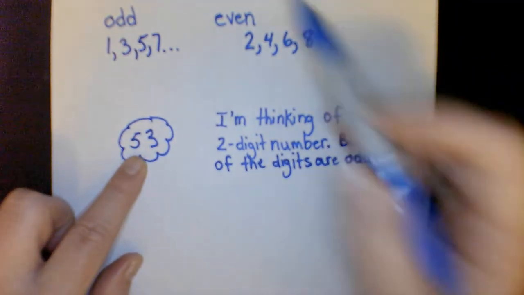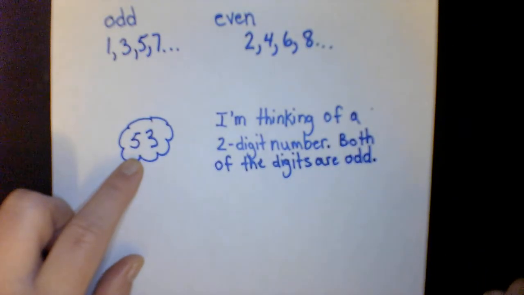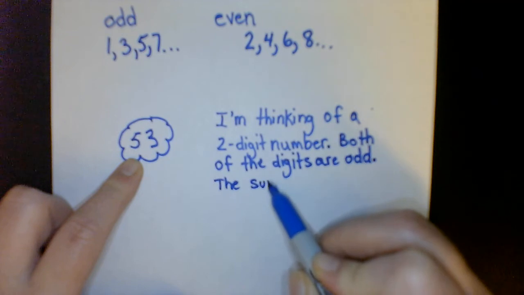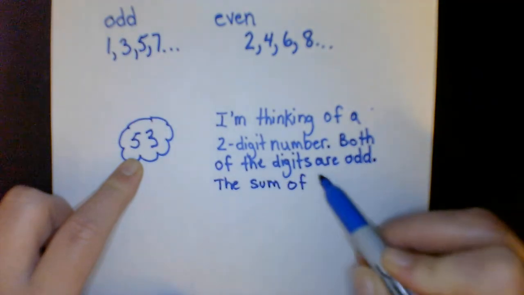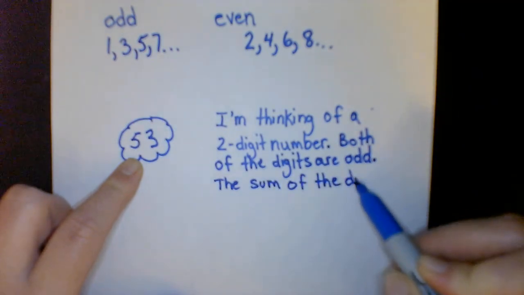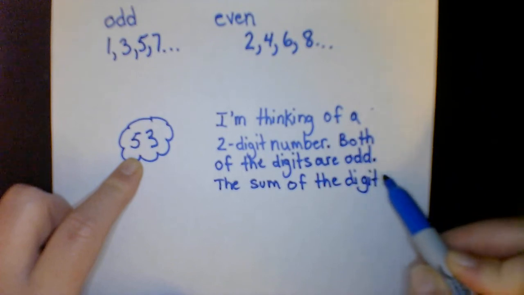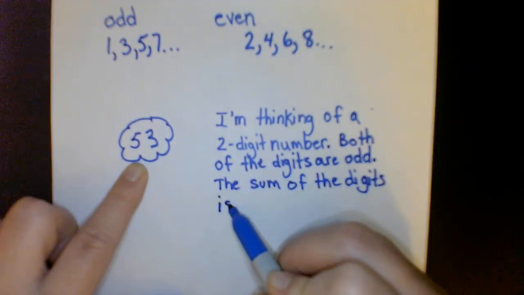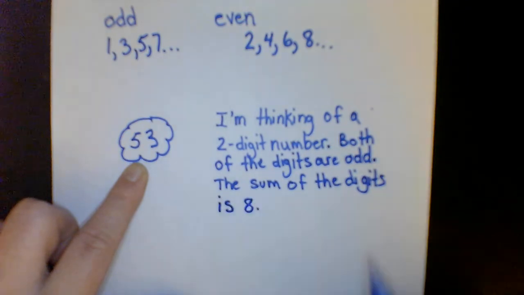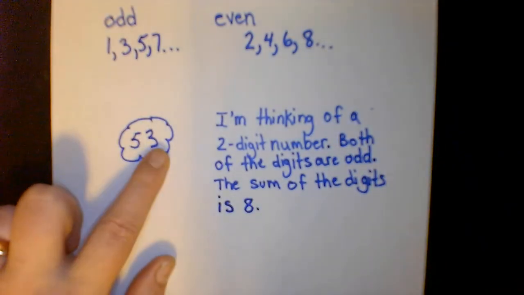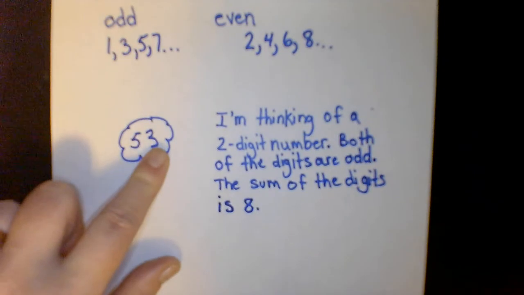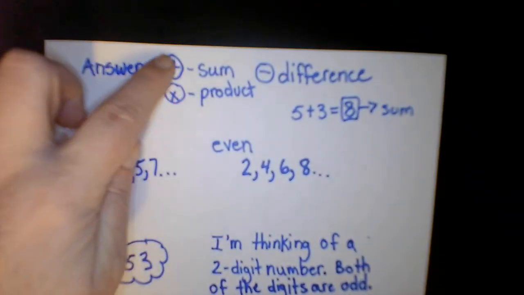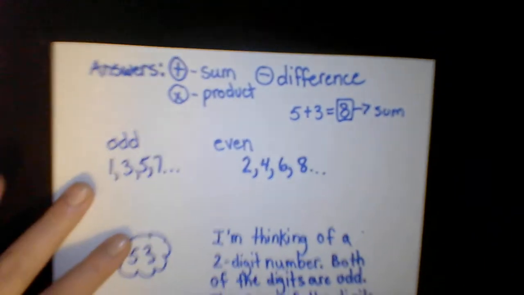Now let me think about using the sum. I'm going to say the sum of the digits is 8. So when you add 5 plus 3, the sum, which if we go back up to the top here, is the answer when we add, the sum is 8.